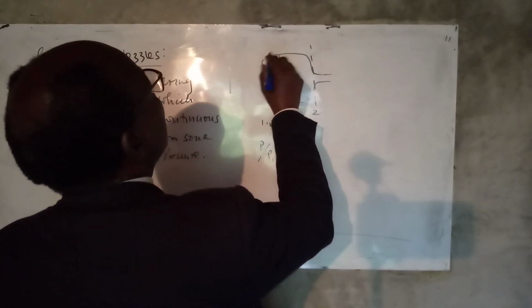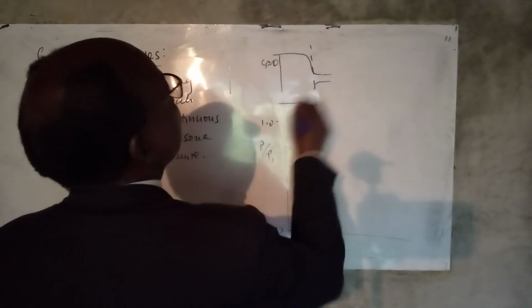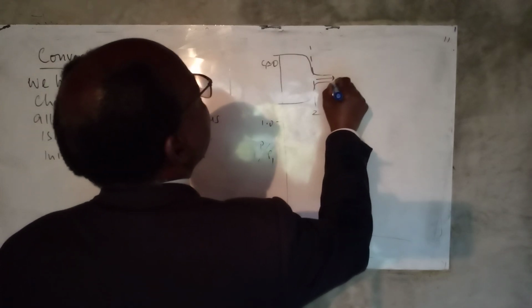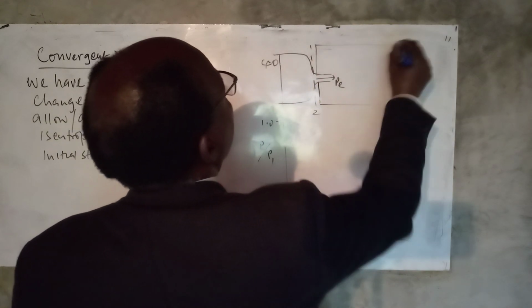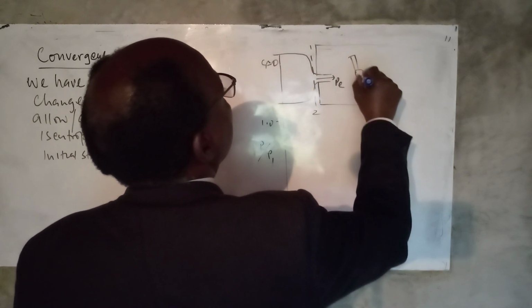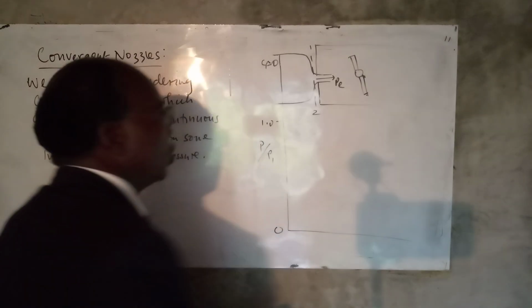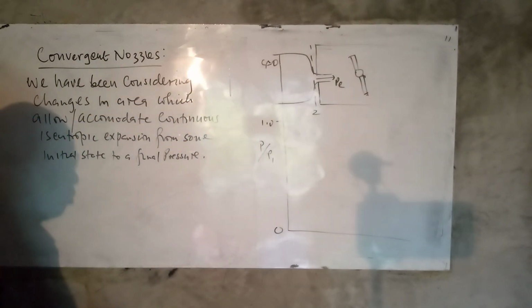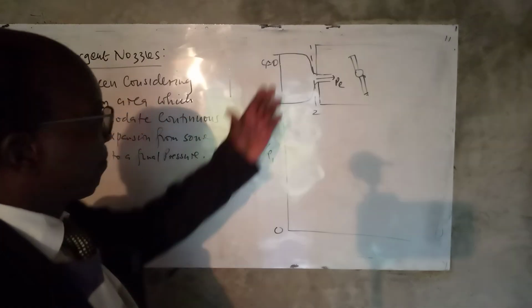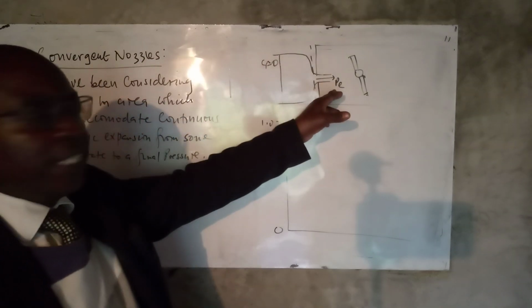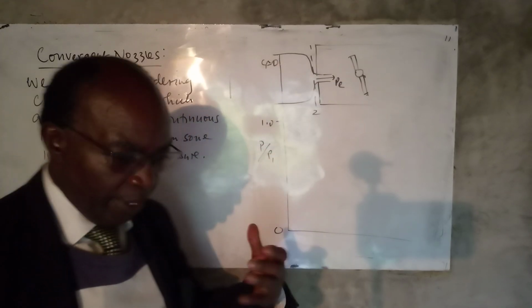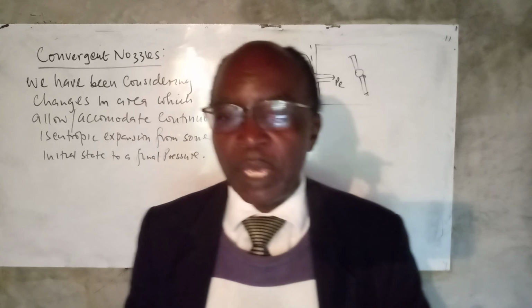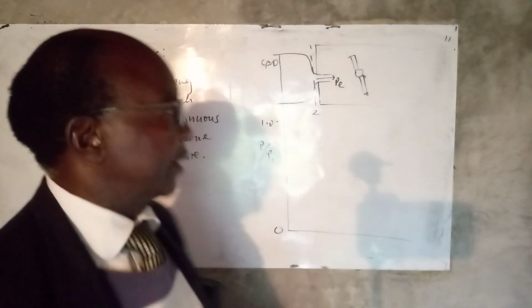Let's say the initial state, and we have the downstream pressure. So in this particular diagram, the initial state is kept constant, and we have the downstream pressure which we are denoting as P subscript E. And in the beginning, the downstream pressure is equal to the initial pressure, that is P1.